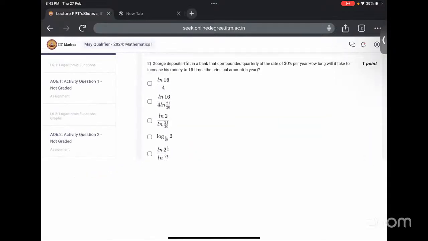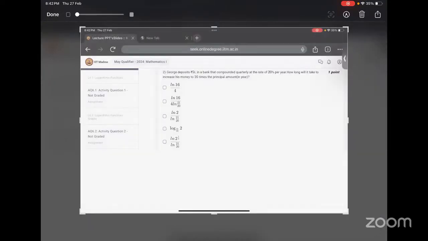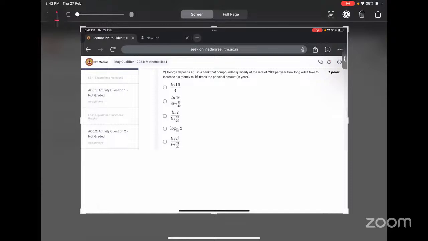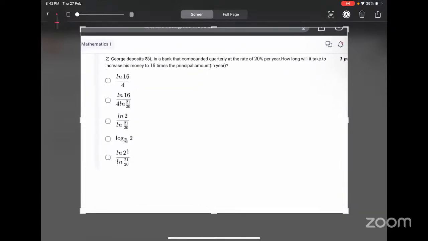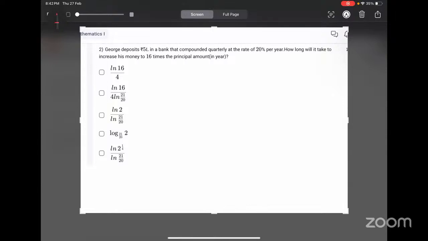The second one. Okay. So Jaws deposits 5 lakh in a bank that compounds quarterly at a rate of 20% per year. How long will it take to increase his money to 16 times the principal amount?